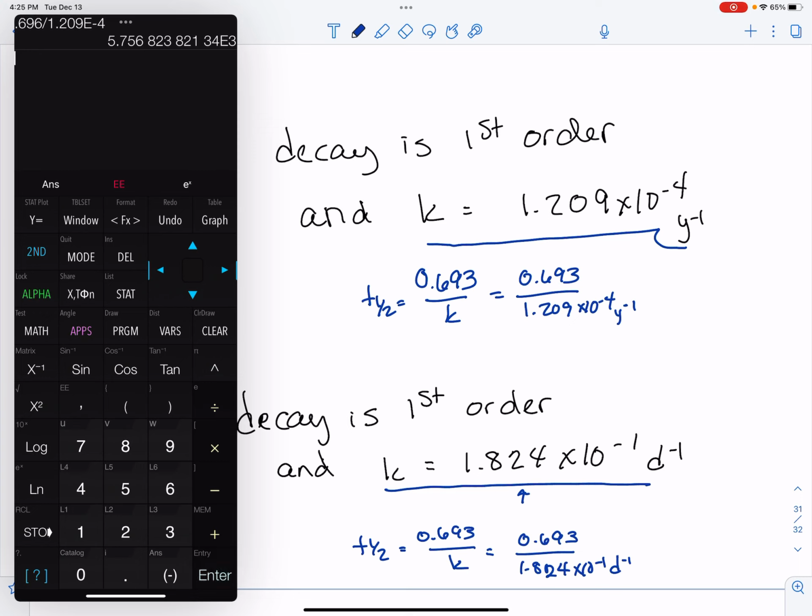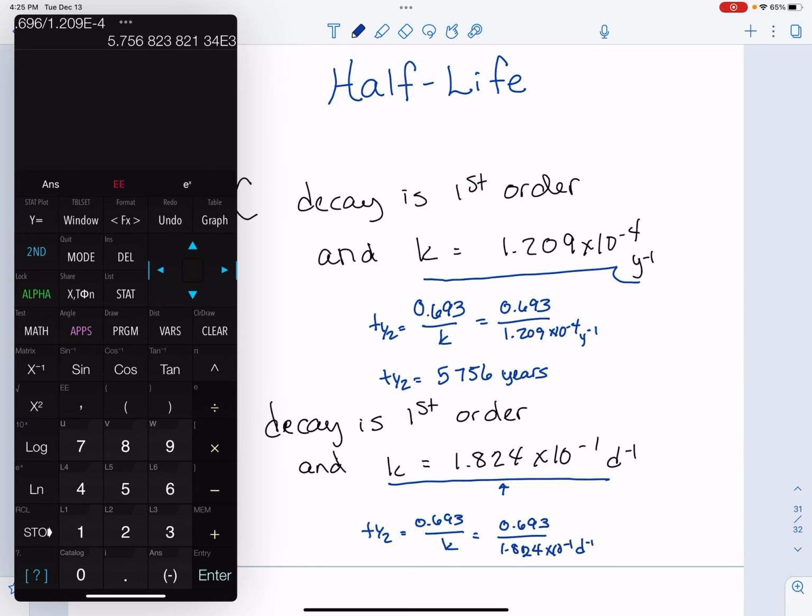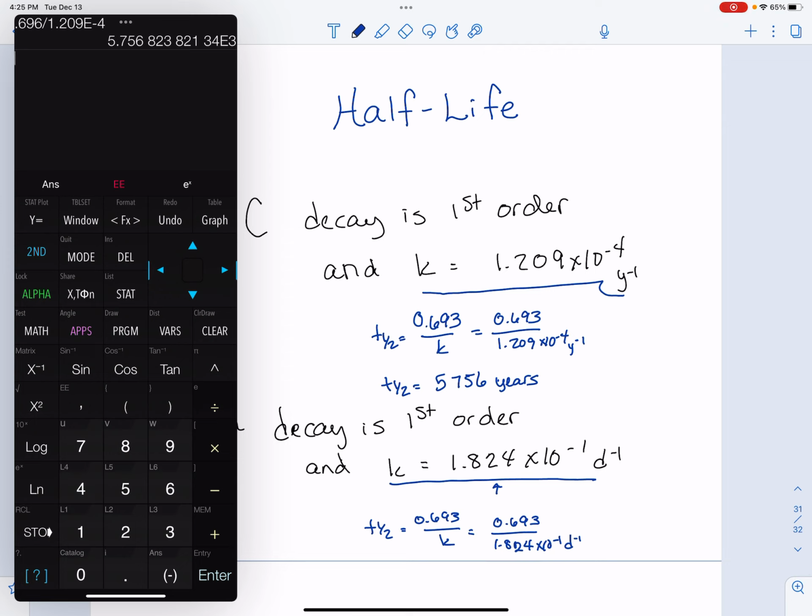So I'm going to go ahead and multiply that out, and it tells me that the T half is equal to 5756 years. Do you see how I did that times 10 to the third? So now all of a sudden we can talk about what we're talking about. This substance, when it's doing a reaction, it takes this many years for us to lose half of it. That makes a lot more sense in terms of our brains over this number, right?